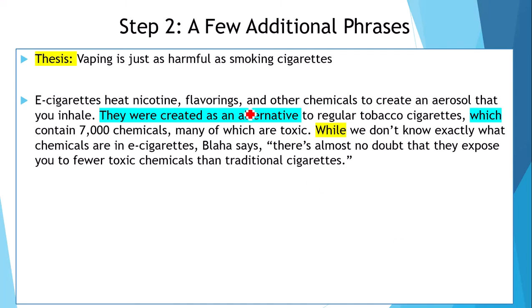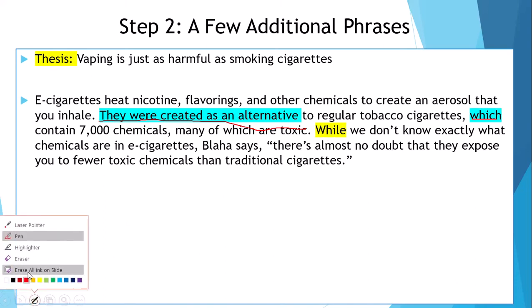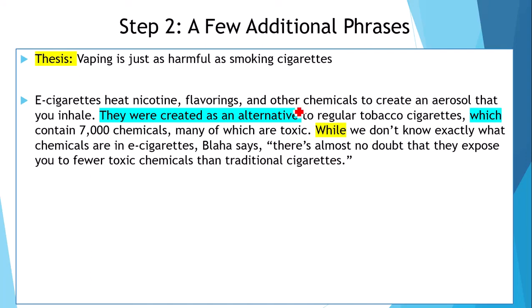E-cigarettes heat nicotine, flavorings and other chemicals to create an aerosol that you inhale. They were created as an alternative to regular tobacco cigarettes, which contain 7,000 chemicals. Many are toxic. These things here in blue help to explain what e-cigarettes are and how they're a little bit different from regular cigarettes.